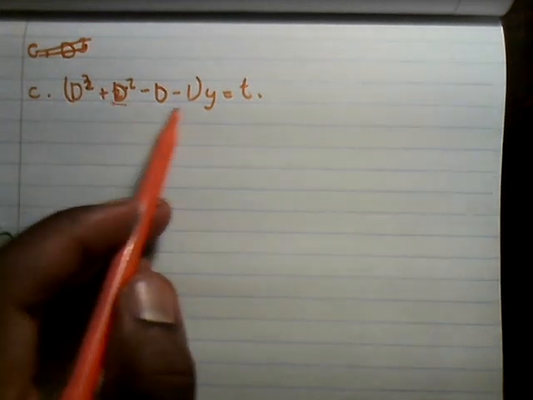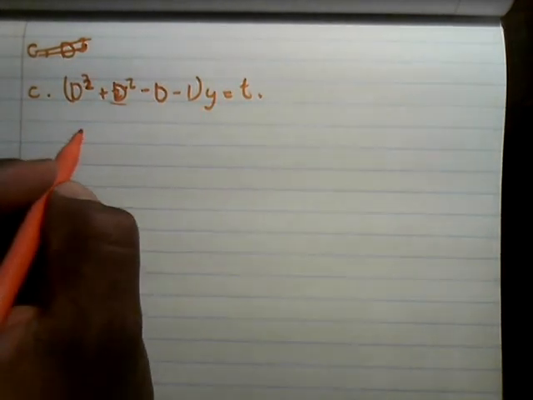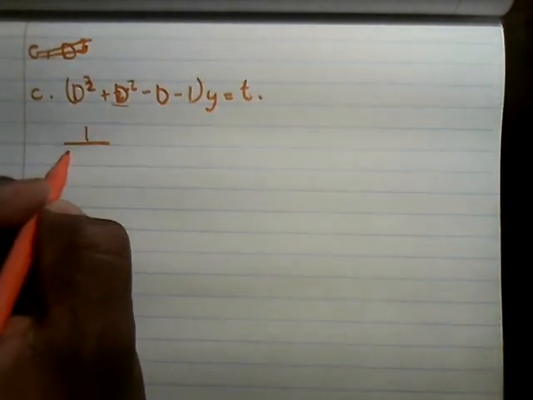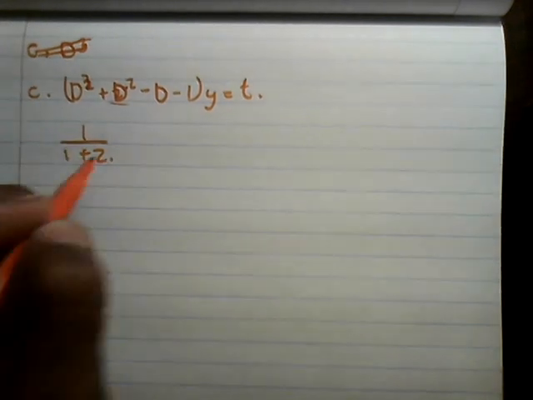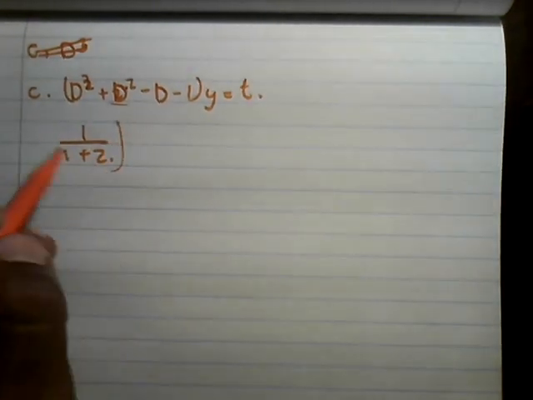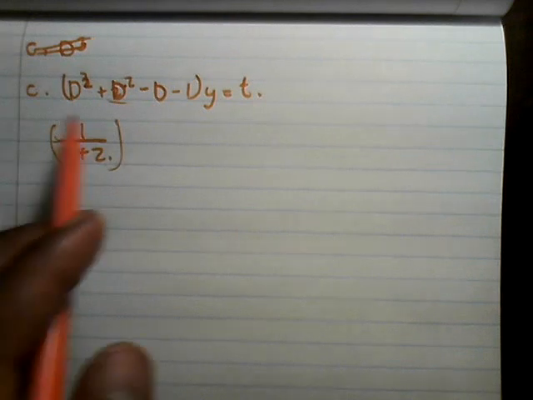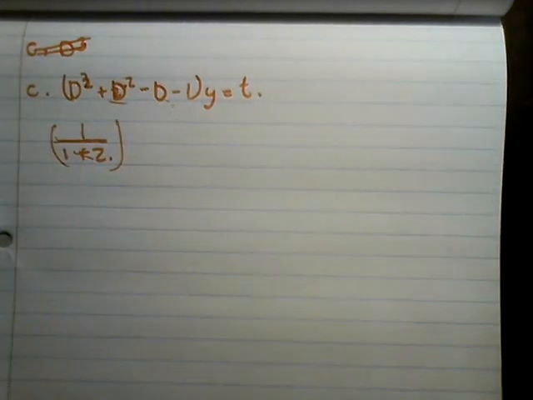Okay, now remember our aim is always to write this operator in the form 1 over 1 plus c. We're going to transform this operator into something like this.